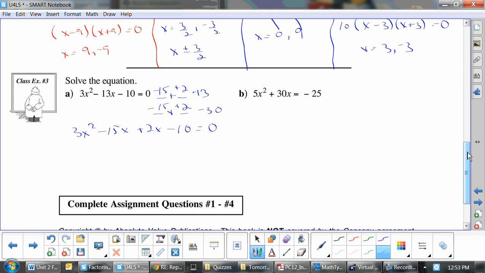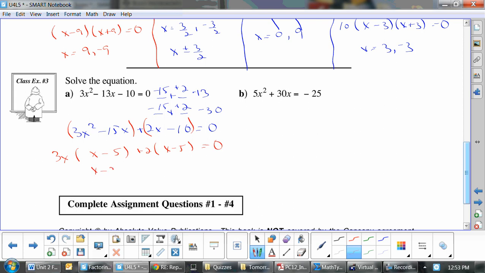Okay, grouping. What can I take out of the first set? 3x, leaving me with x minus 5. Next group, 2x minus 5.